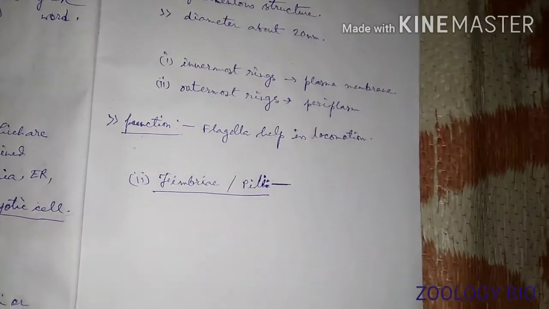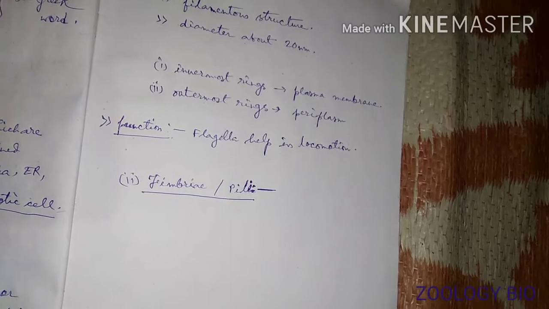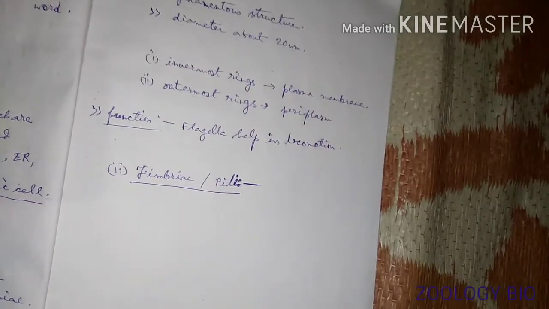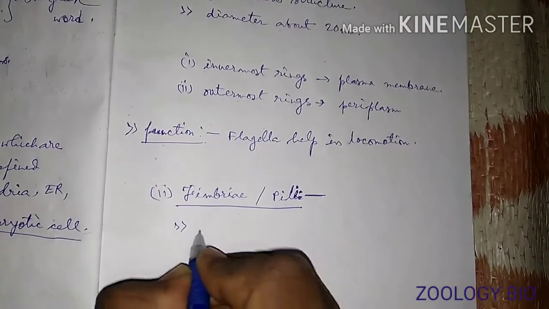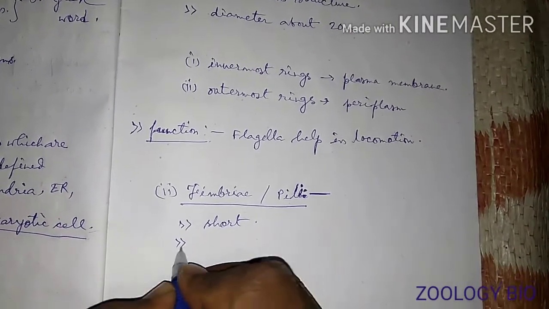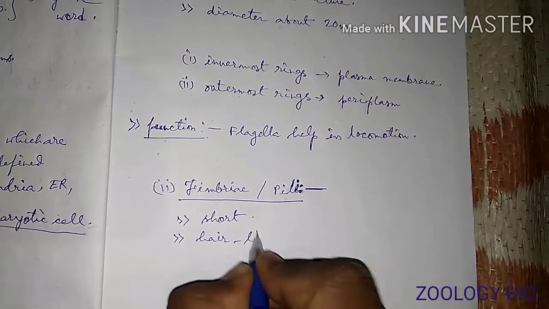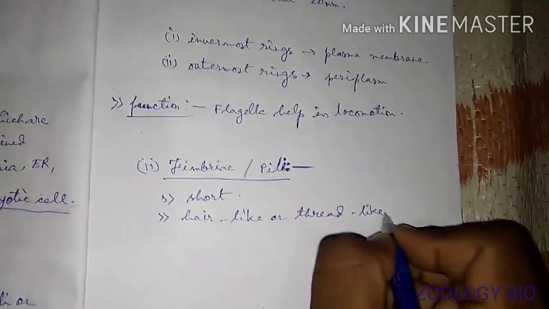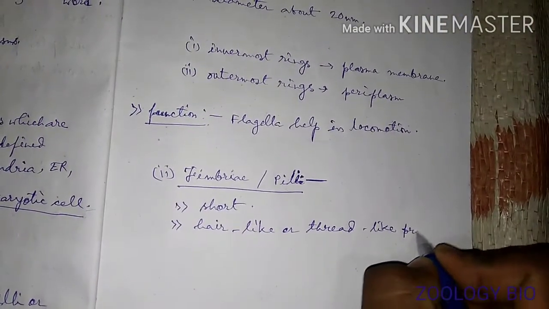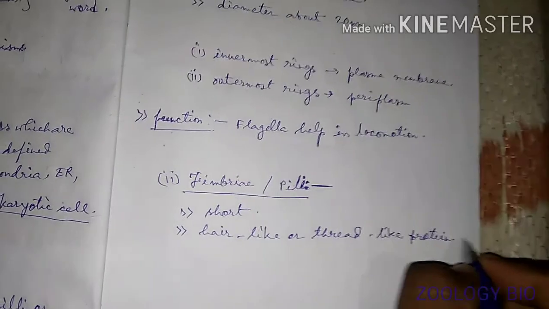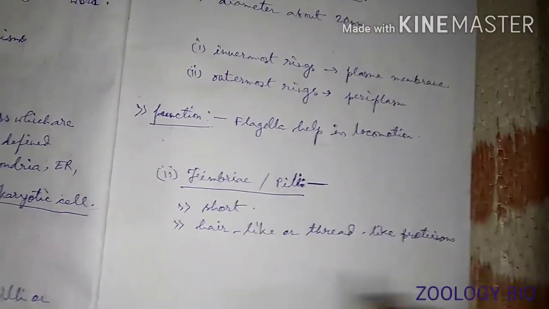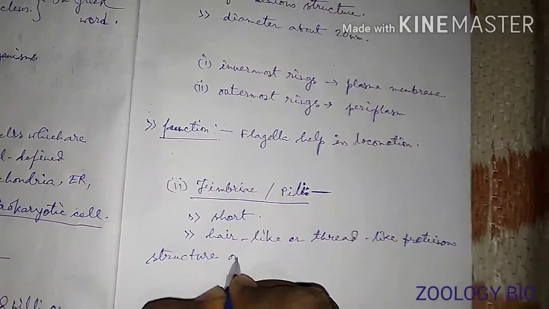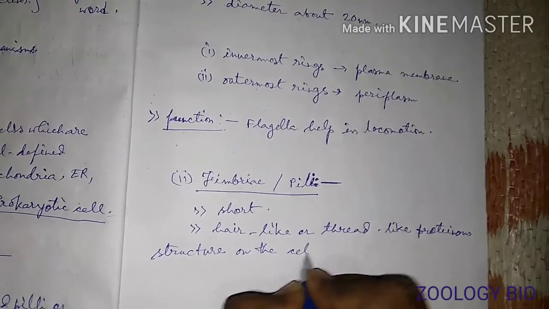Fimbriae and pili are short, hair-like proteinaceous structures, also thread-like, present on the cell surface of gram-negative bacteria.